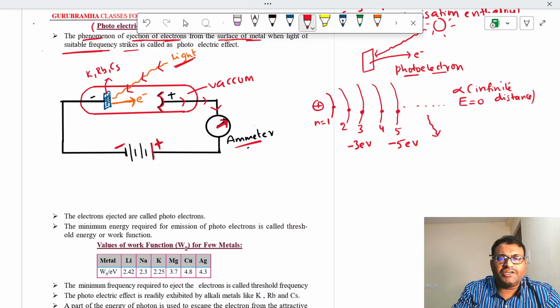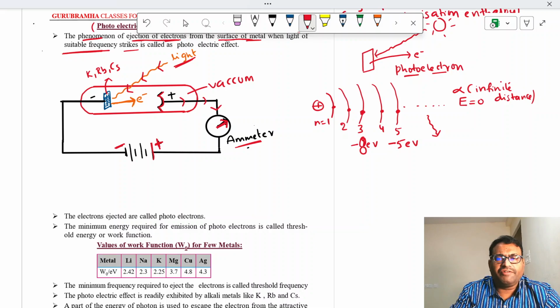After losing some energy, automatically from zero, if some energy is lost, then it will have negative energy. How much closer it comes to the nucleus, that much amount of energy it will be losing. So the closer it is to the nucleus, the less energy it possesses. For example, in the third orbit, it is having minus 8 electron volt.